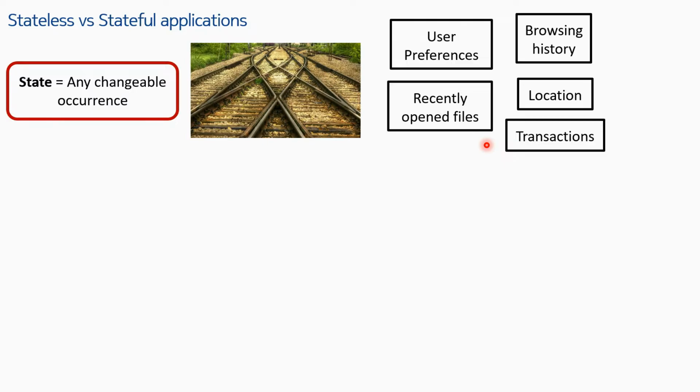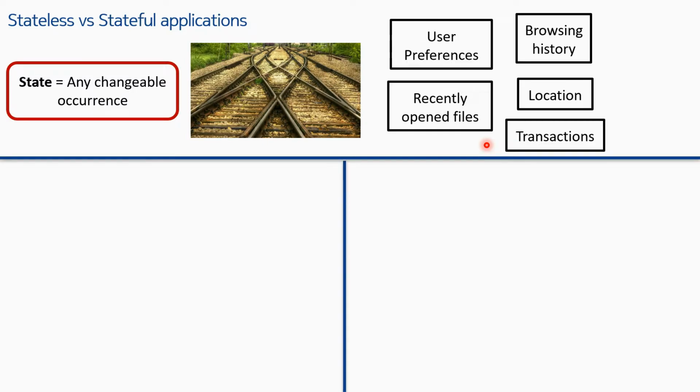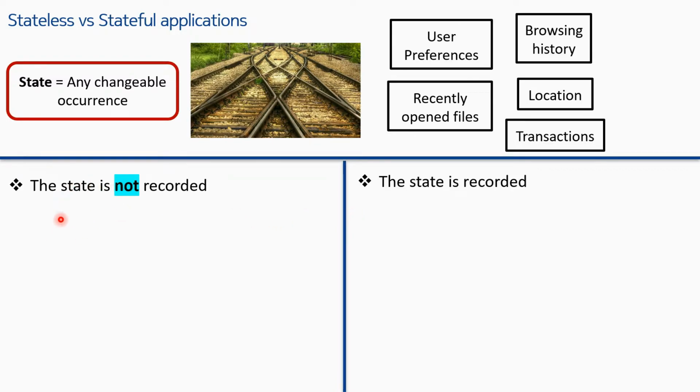Now let me make a partition of stateless versus stateful in general. Remember, what I'm talking about right now is not in terms of Kubernetes, but in a generic context. In stateless applications, the state is not recorded, and in stateful applications, the state is recorded.